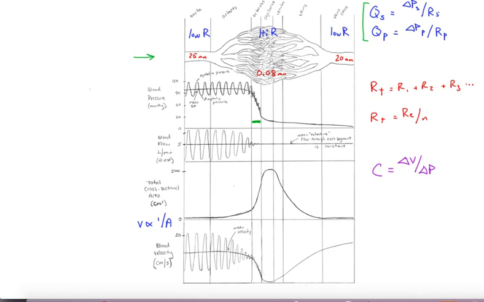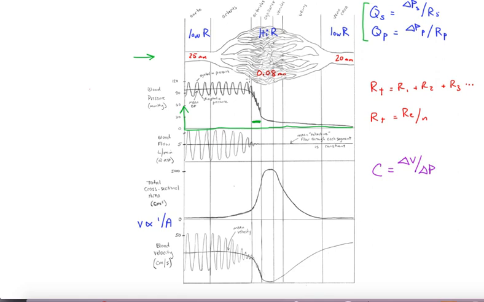And of course, our pressure, we just said, is going to fall dramatically at our resistance vessels and then stay low throughout the rest of the vascular circuit before it comes back around to the heart. And of course, we could complete this circuit, if you'd like, where this would come back around, right, back into the heart to get repressurized and begin the circuit once again.